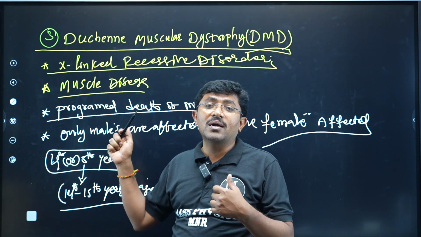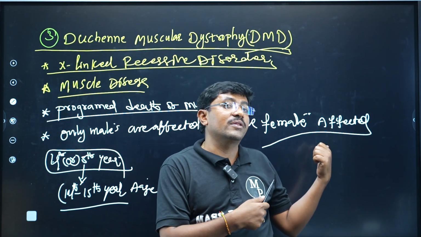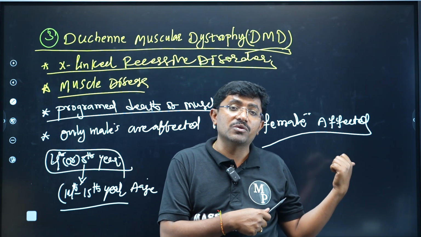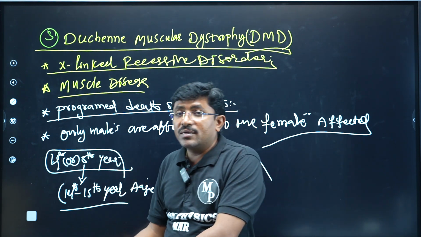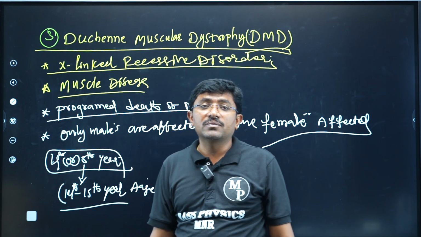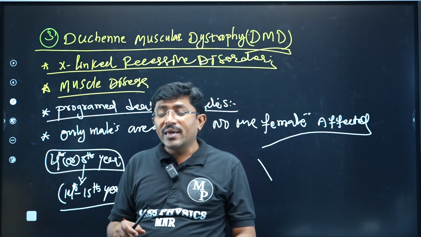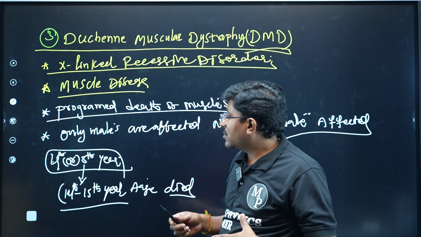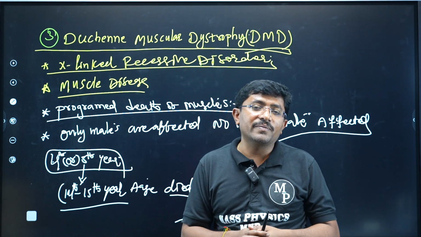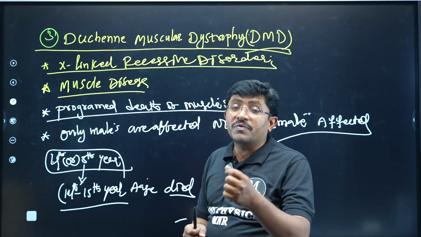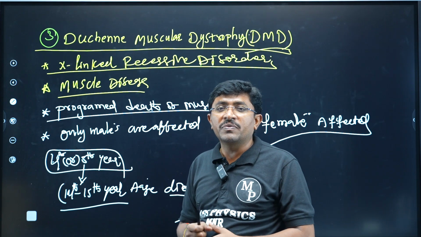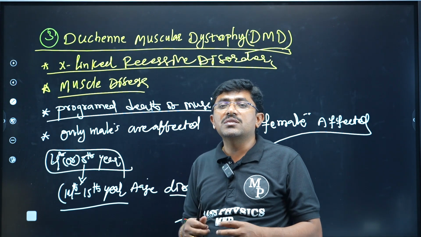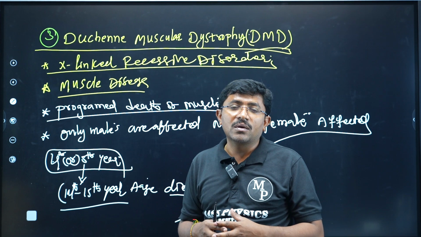When the X chromosome carrying the recessive trait is fertilized by a Y chromosome-containing sperm, that zygote will develop into a male. That male is normal for the first 4 years, or almost the 4th or 5th year. From the 5th year the muscle functions are progressively lost.